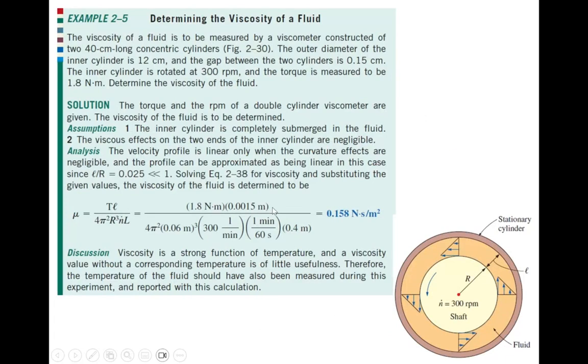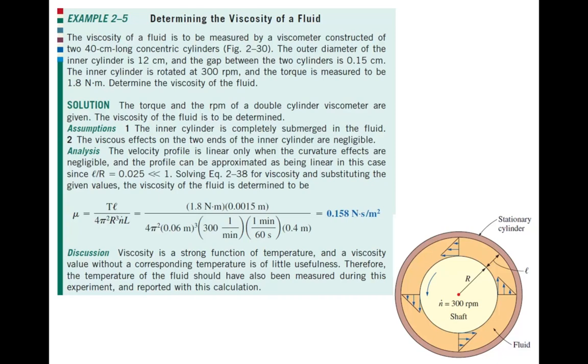Okay, this is an example of using this equation. The viscosity of a fluid is to be measured by a viscometer constructed of two 40 centimeter long concentric cylinders. The outer diameter of the inner cylinder is 12 centimeters, and the gap between the two cylinders, which is l, lowercase l, is 1.5 millimeters.